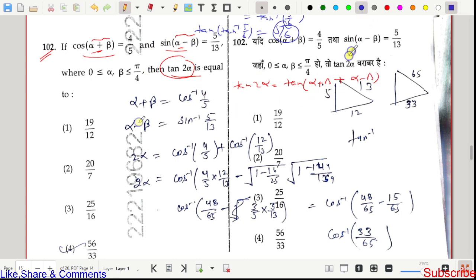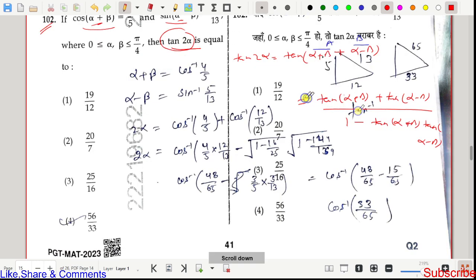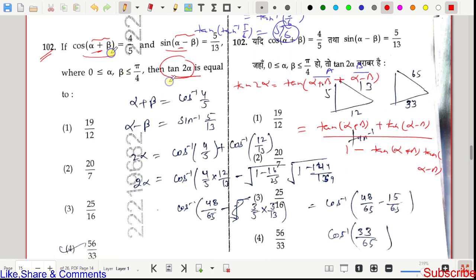So we think of this as A and this as B, so it is tan of A plus B. So this is the formula we can write: tan A plus tan B divided by 1 minus tan A tan B, that means tan of alpha plus beta plus tan of alpha minus beta divided by 1 minus tan of alpha plus beta tan of alpha minus beta. Now using this we can find the value.